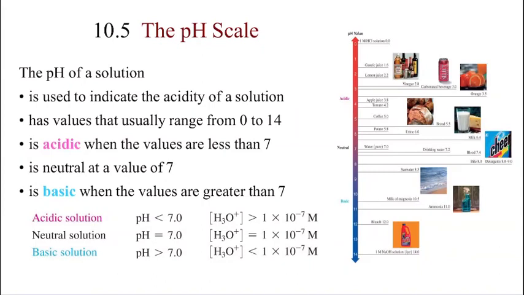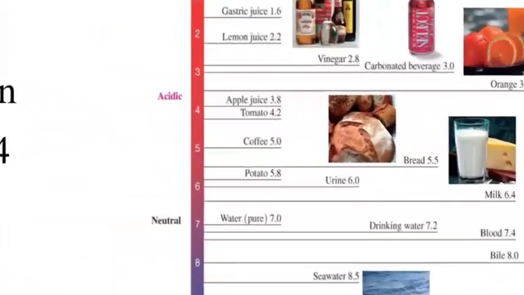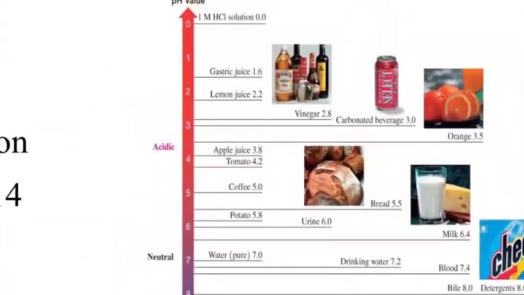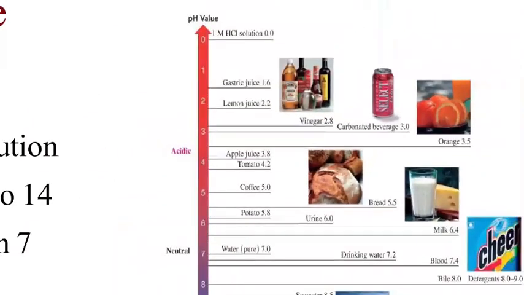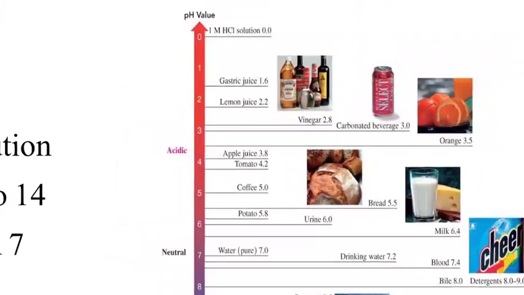Understand that many of the substances that you are exposed to in everyday life have a particular pH. When we look at the figure on the right side of the slide, we can see the things that are acidic. Anything that is acidic is going to have a pH less than 7.